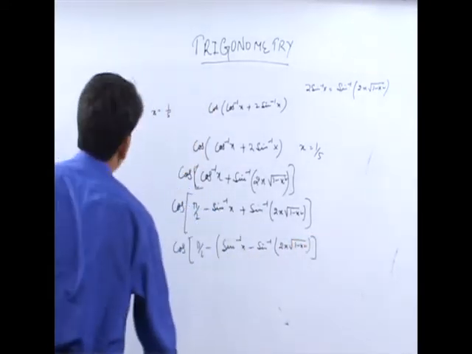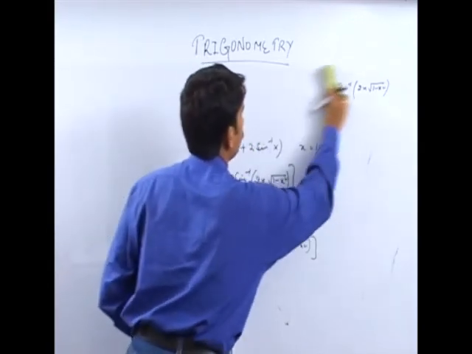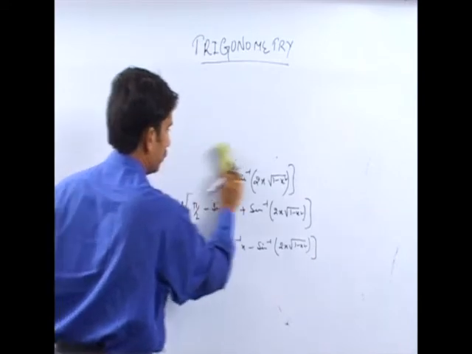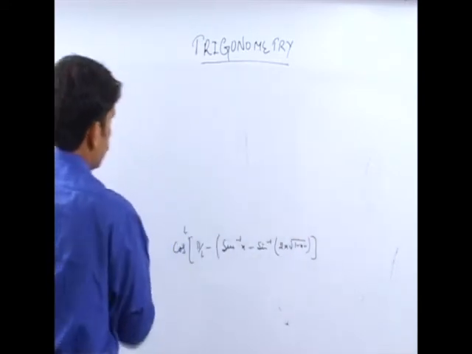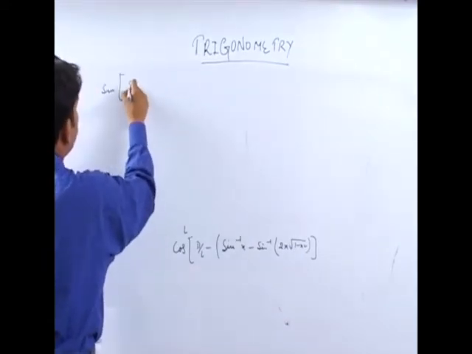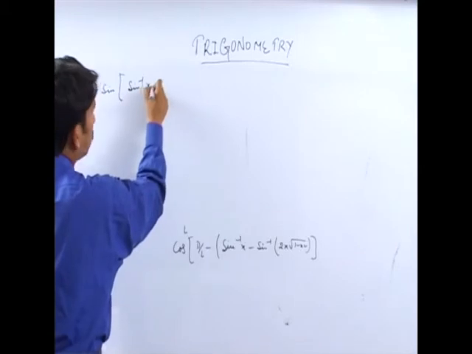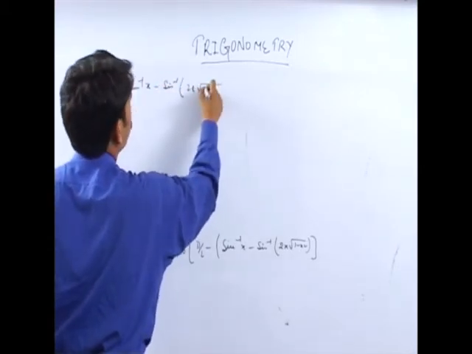Now this will be equal to cos of, this will become sin of (sin inverse x minus sin inverse 2x under the root 1 minus x square).